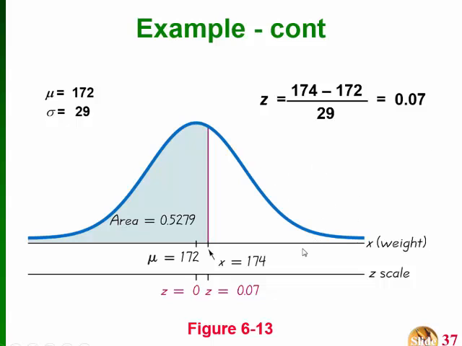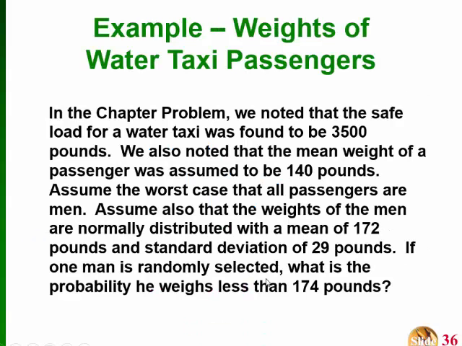If we had done it the way the book does it, what they would do first is find the z-value using the z-value formula, x minus the mean divided by the standard deviation. That's 0.07. They would take the z-value of 0.07 and look at table A2 and come up with the same probability that we got, 0.5279.